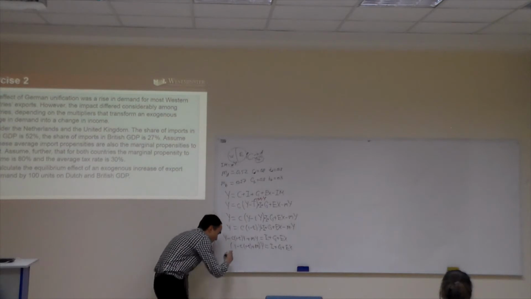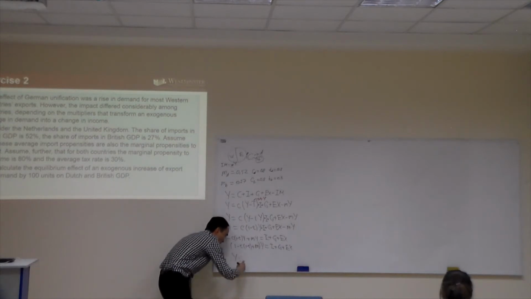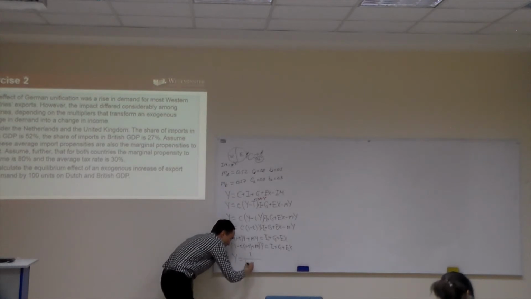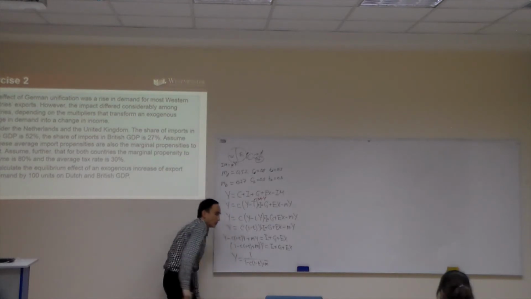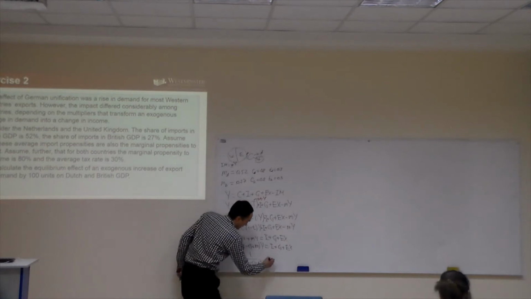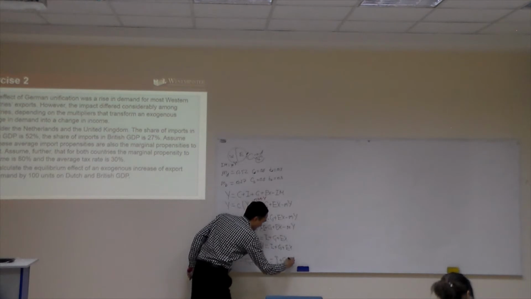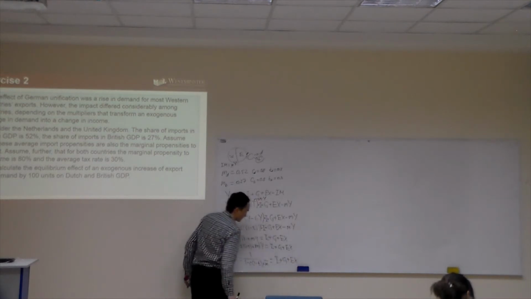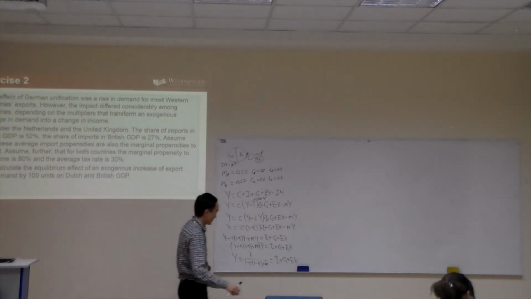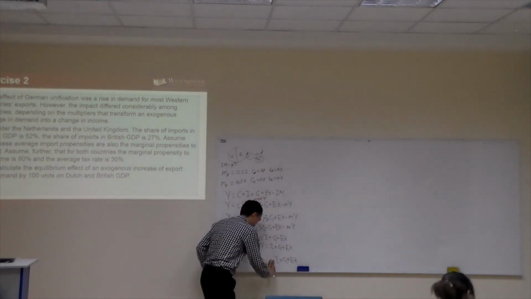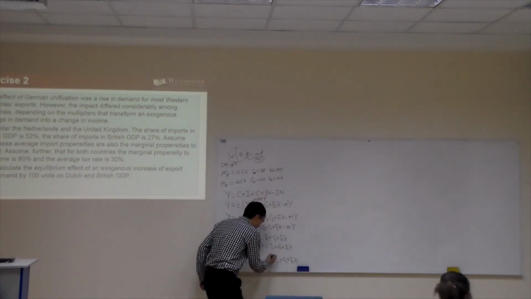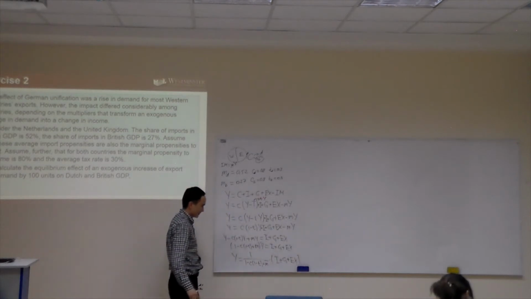And from here, our output Y is equal to a multiplier, which is now expressed with marginal propensity to consume, tax rate, and marginal propensity to import, times investment plus government spending plus export. Oh, sorry, it's multiplied: the multiplier times all of this. Okay.